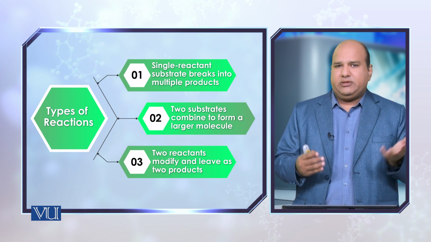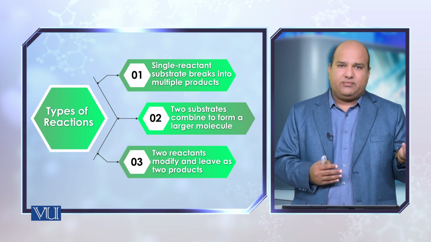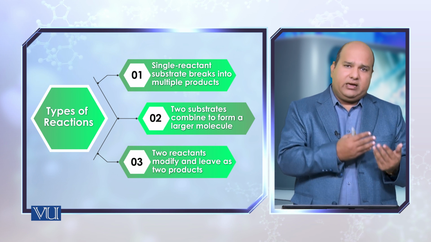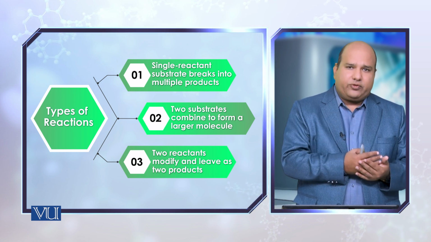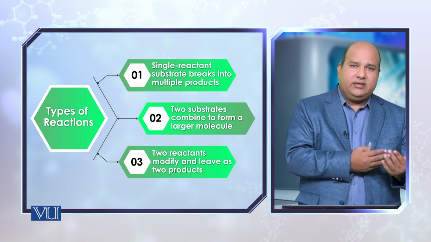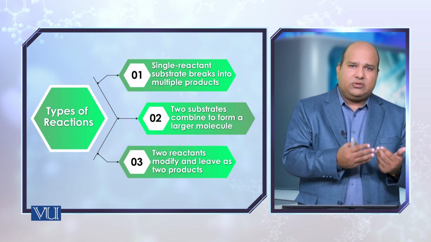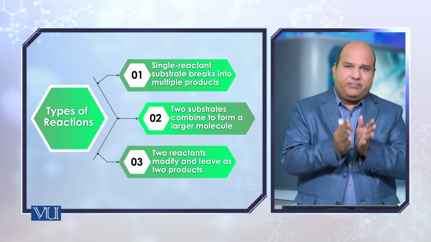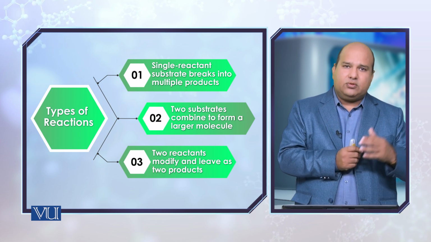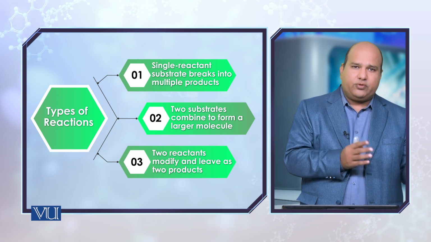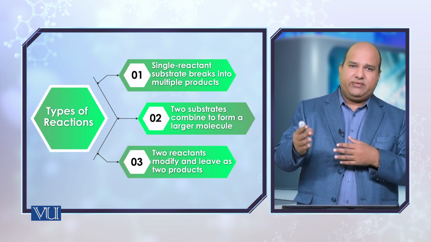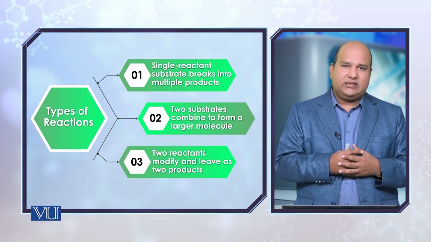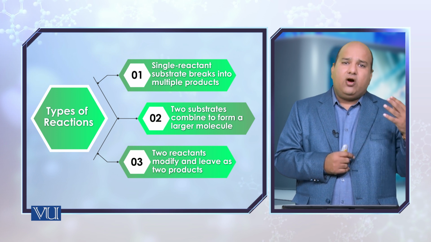For instance, if glucose and fructose are combining with each other, giving rise to the formation of sucrose. So, here glucose and fructose are the two reactants giving rise to one single product, that is sucrose.